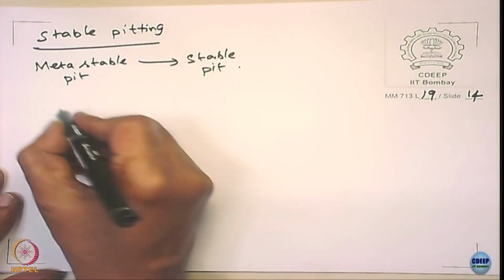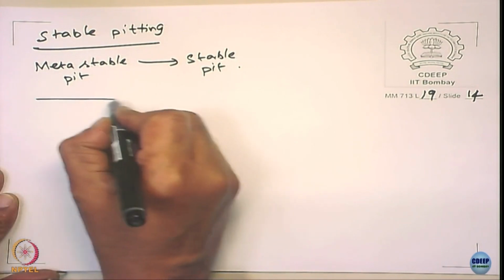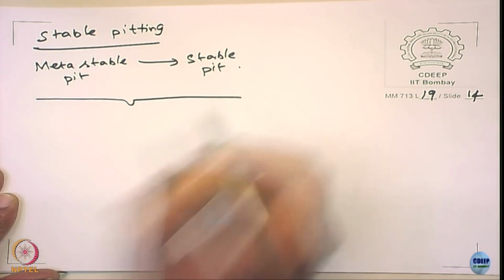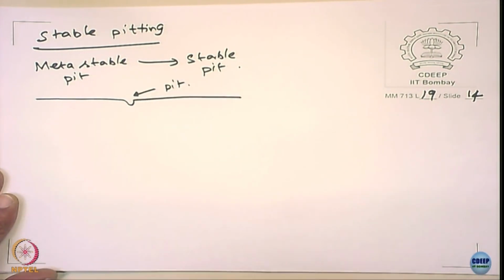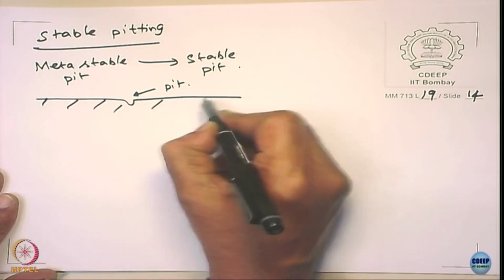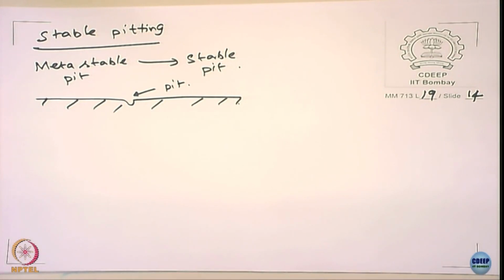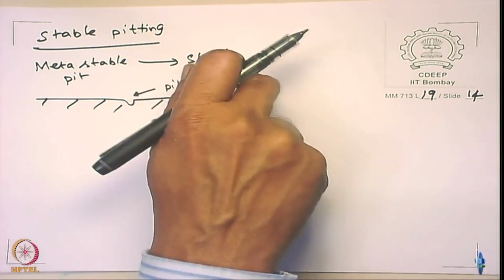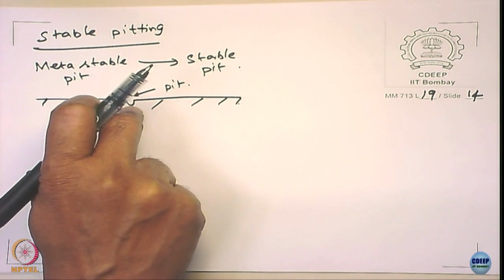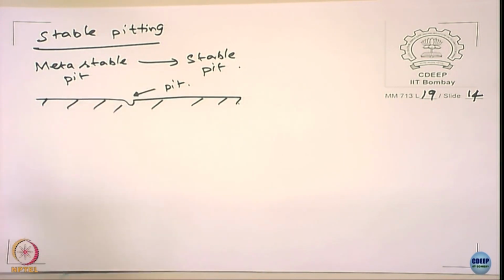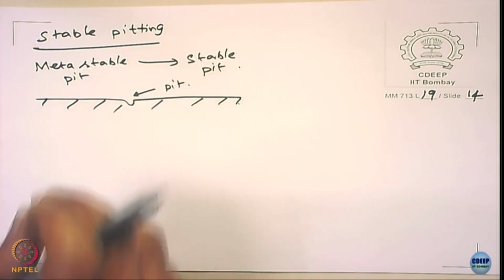What makes the pit stable? The pit can repassivate, that means it can form the film, that means the pit becomes unstable, or the pit will continue to dissolve and grow, that means the pit becomes stable. So what makes this pit stable?